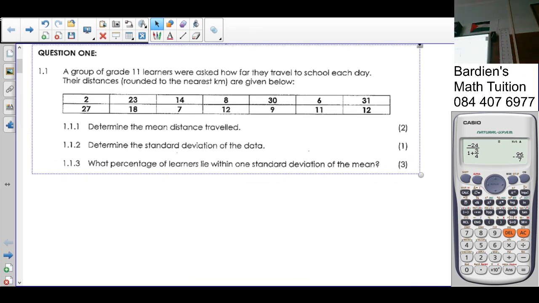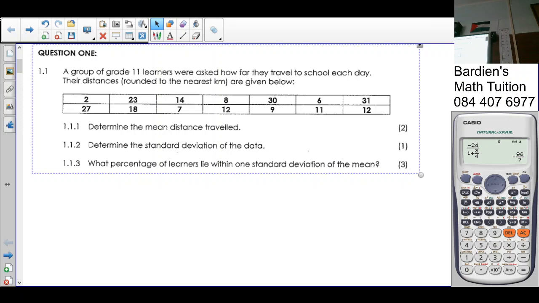We are told a group of grade 11 learners was asked how far they traveled to school each day. The distances, around the nearest kilometer, are given below: 2, 23, 14, 8, 30, 6, 31, 27, 18, 7, 12, 9, 11 and 12.